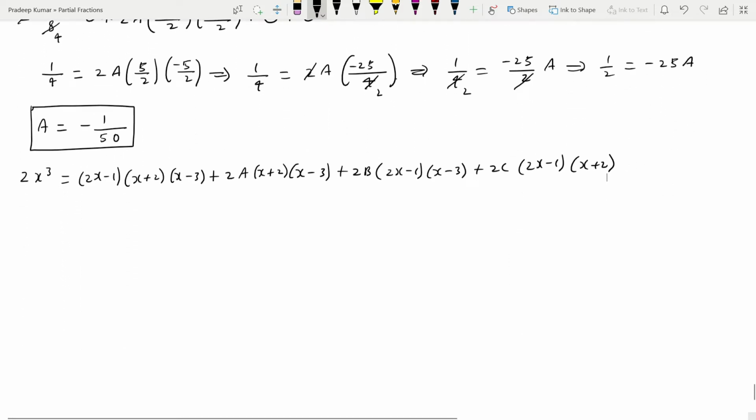Now in this particular equation number 2, we'll substitute x equal to minus 2. So put x equal to minus 2. Let's see here.